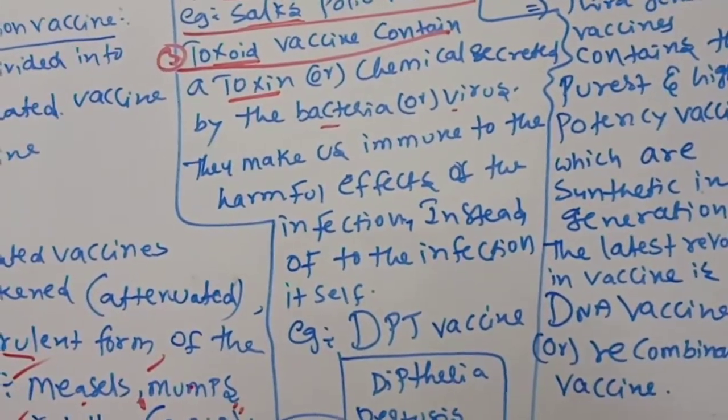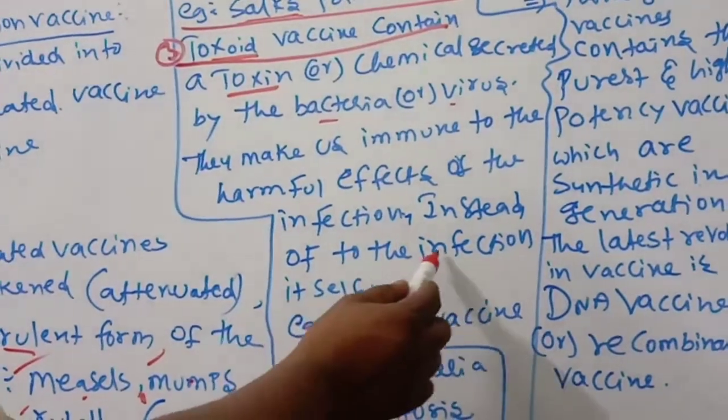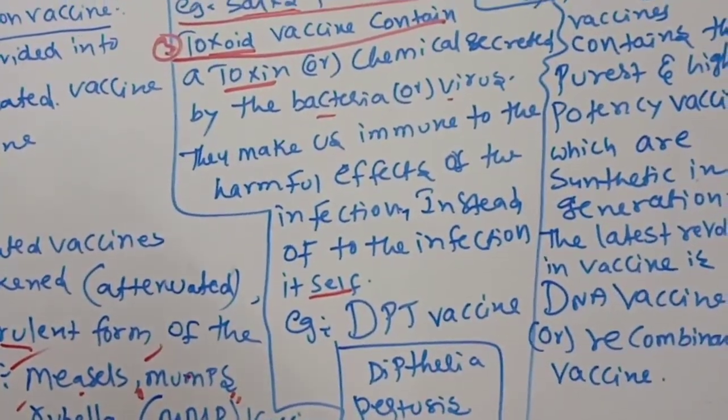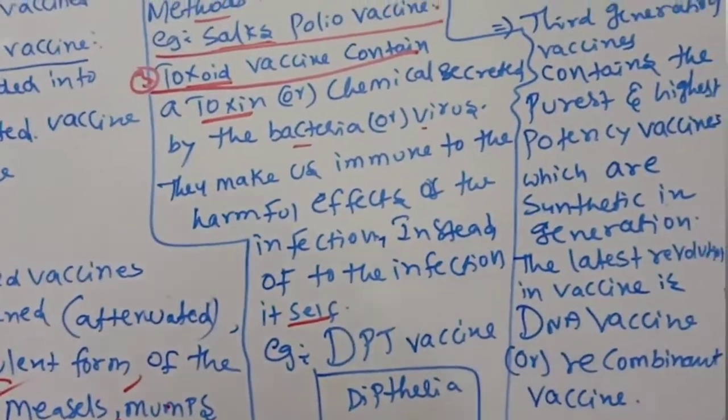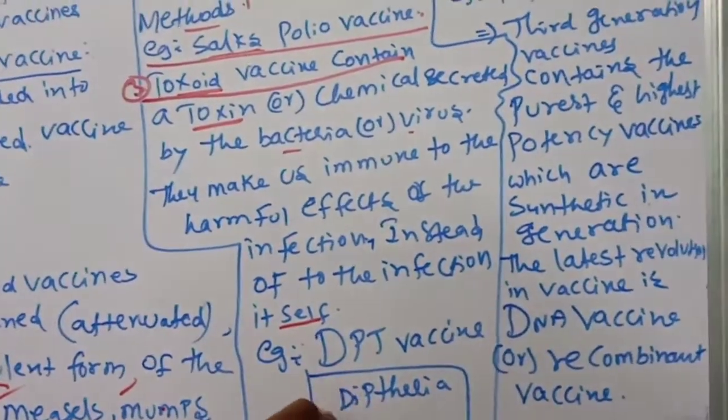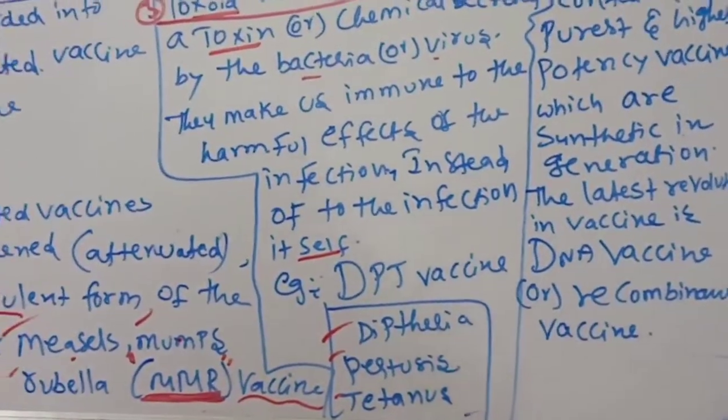They make us immune to the harmful effects of the infection instead of the infection itself. So instead of causing infection, they will make us develop immunity. For example, DPT vaccine: diphtheria, pertussis and tetanus.